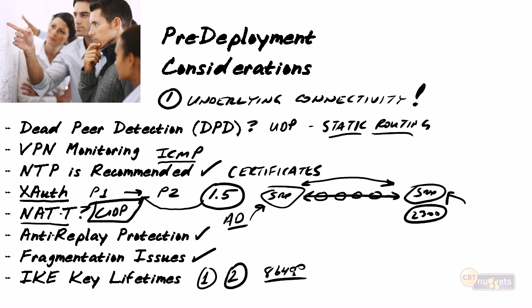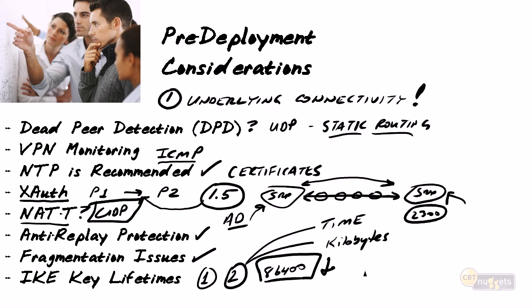Also, in IPsec or IKE Phase 2, there's a couple of ways that you can determine when you're going to renegotiate new keys. You can do it based on time or the amount of traffic in kilobytes that's been encrypted and decrypted with the same keys. So you have lots of flexibility there, but the key lifetimes are a consideration. Usually, the shorter the lifetime, the more secure the environment.